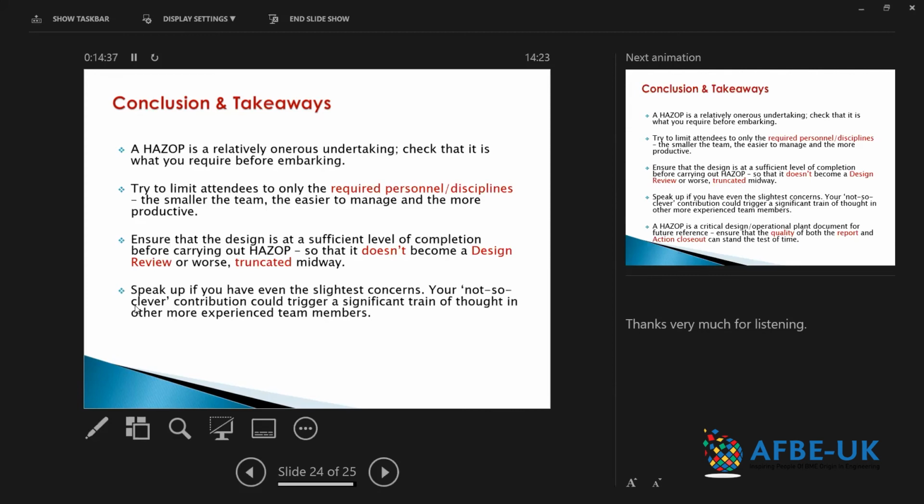Right. In terms of participating in the HAZOP, this is directed at perhaps the less experienced among us who have not done so many HAZOPs. So speak up if you have the slightest concern, because that thing that you wanted to say that you think might be something stupid could trigger a thought in someone else more experienced.